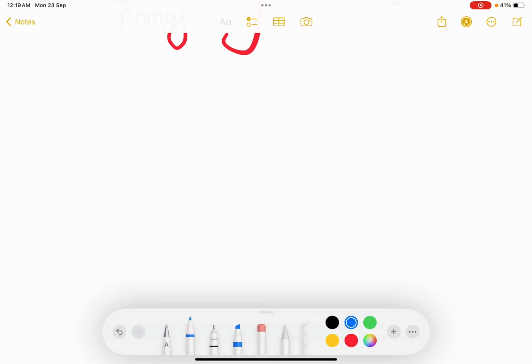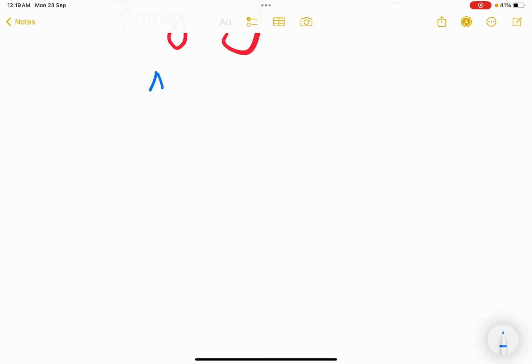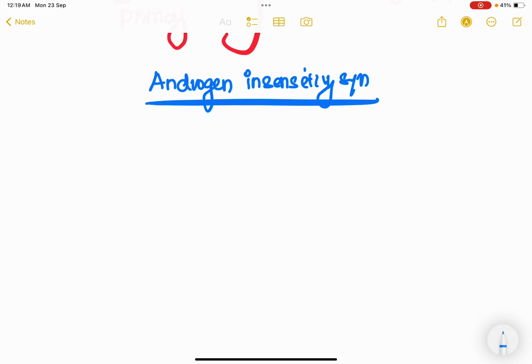Let's discuss here now itself. This condition was one where the uterus is going to be absent and primary amenorrhea is present.